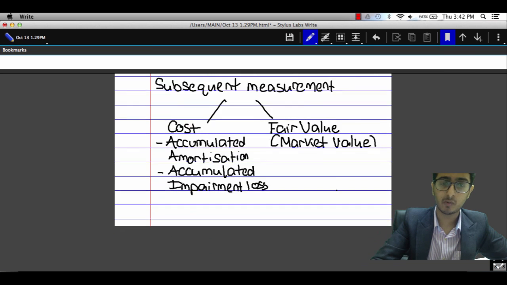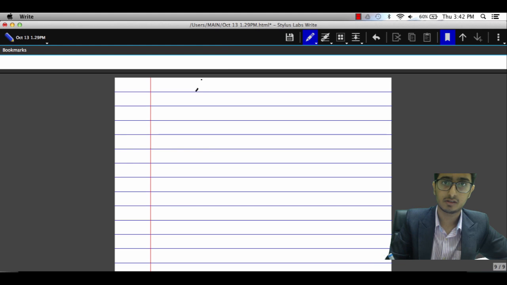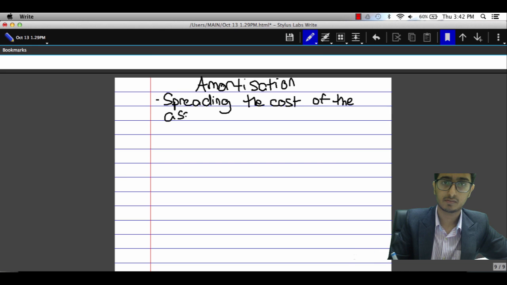Now, you might be wondering, what is amortization? When we say amortization, this simply means that we want to spread the cost of the intangible asset over its useful life. Now, how do we calculate amortization?